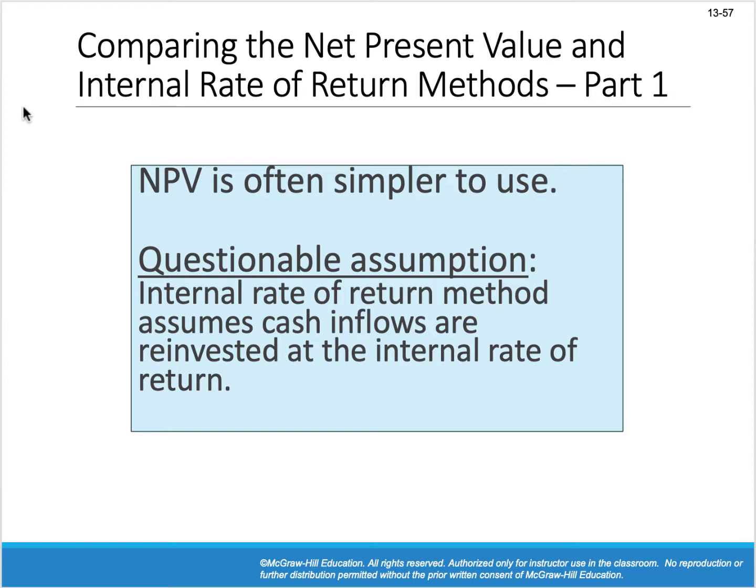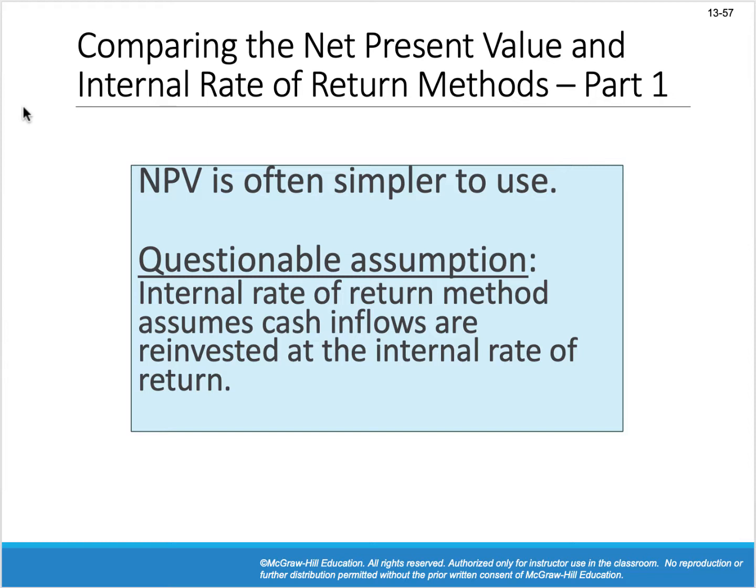So we have basically two important advantages of the NPV method over the IRR method, okay? First, the net present value method often is simpler to use, okay? Second, the internal rate of return method makes a questionable assumption, right? What's that mean?